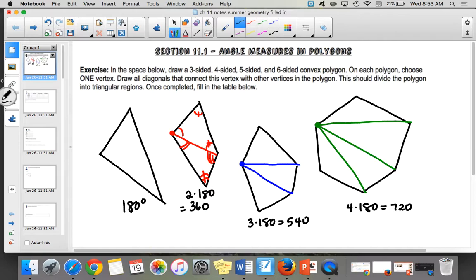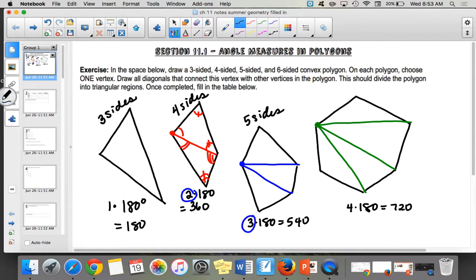So let's see if there's a pattern. Well, we can see there's a pattern, right? This had 3 sides. It was a triangle, and we had 1 of the 180s. This one had 4 sides, and how many 180s did it have? 2 of them, right? The next one had 5 sides, and how many 180s did it have? 3 of them.